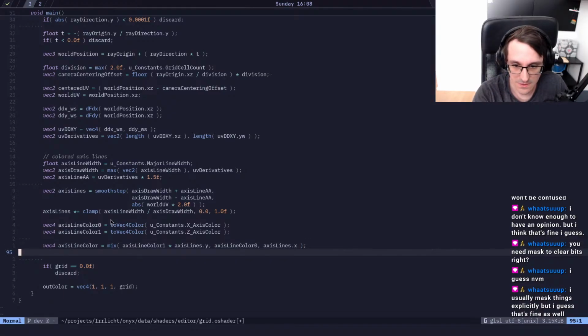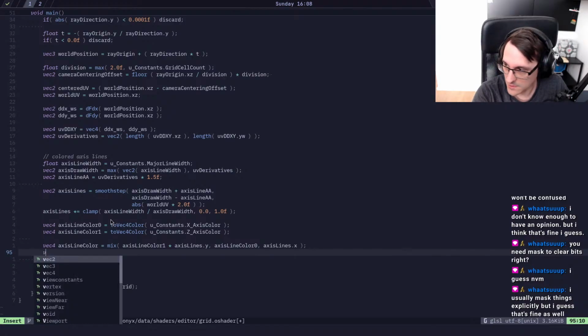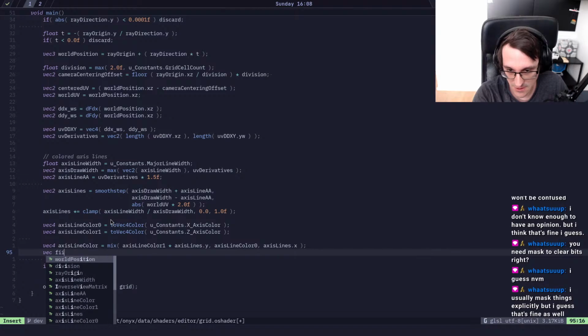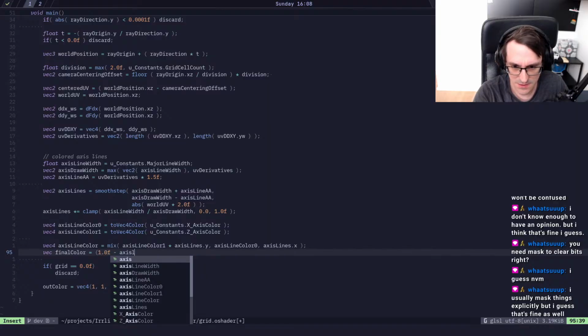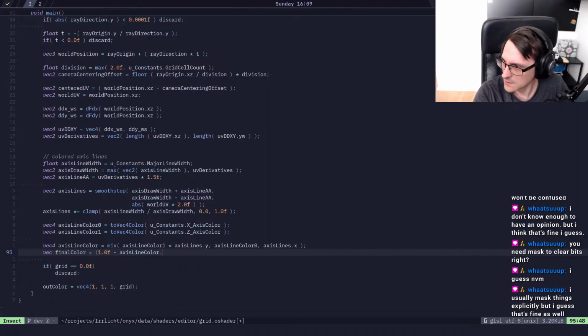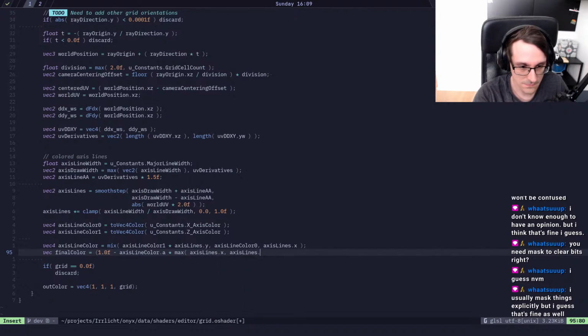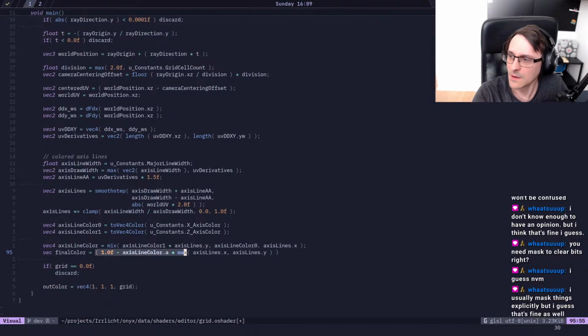And then what we do is a vec4 for final color, I guess, is 1.0f minus our axis line color dot in the alpha channel basically times the max of... oh wait, that's the inversion.